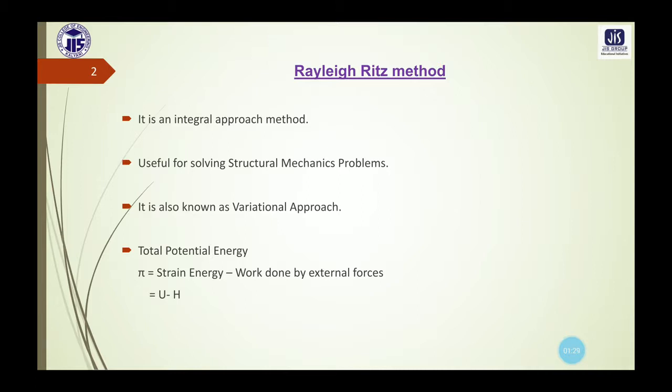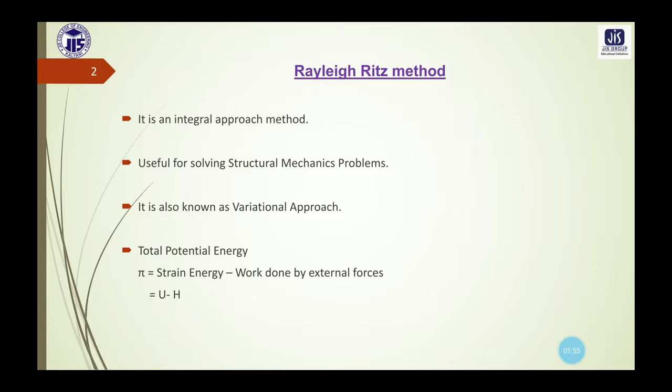The Rayleigh Ritz method is an integral approach method and it is useful for solving structural mechanics problems. It is also known as the variational approach. In this method we need to find the total potential energy, denoted by pi.